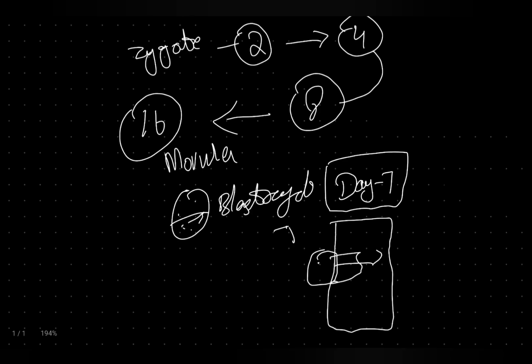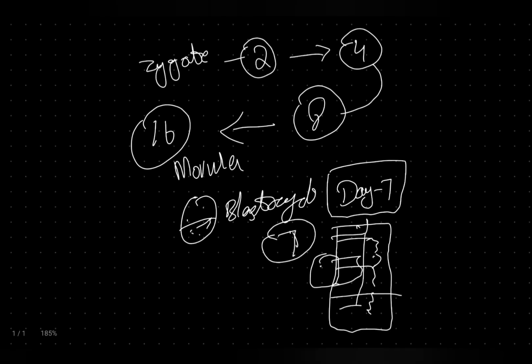Around day 7, the blastocyst attaches to the endometrium. When progesterone is released by the corpus luteum in the ovary, it increases the progesterone level and increases the thickness of the blood vessels inside the endometrium, the wall of the uterus. So this takes place in the first week, or day 7.